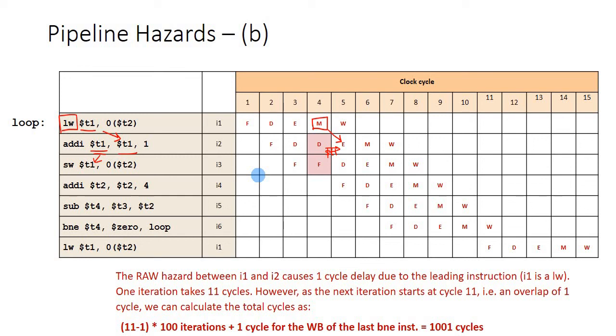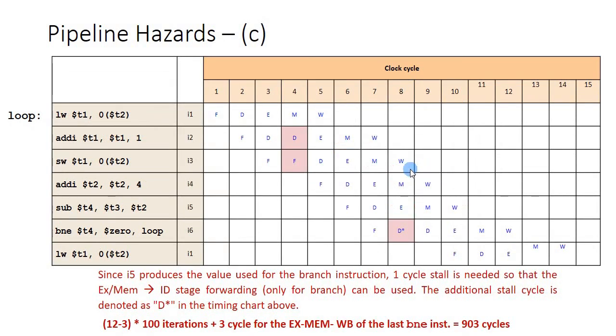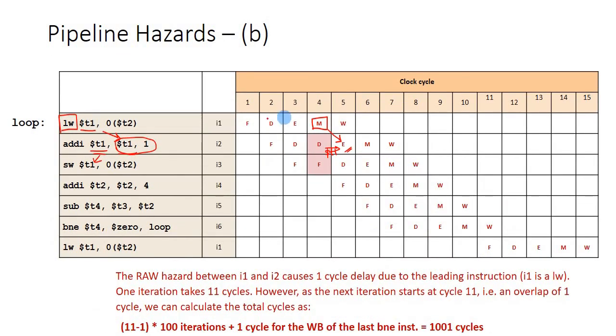But in this case, this is a normal ALU operation. That means the result of instruction 2, which is T1 plus 1, is available the moment I complete my exe stage here. So the moment I complete my exe stage, the T1 plus 1 result is available, which means I can straight away forward it to the exe stage of the subsequent instruction.